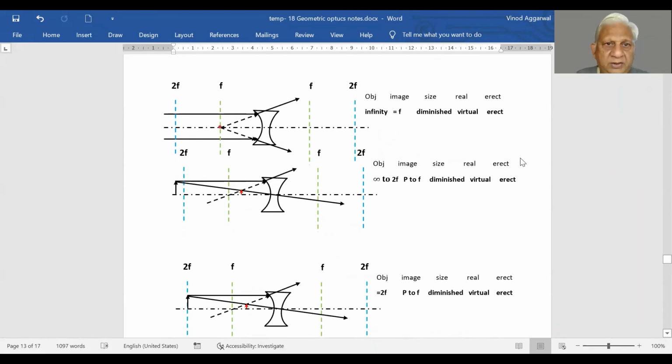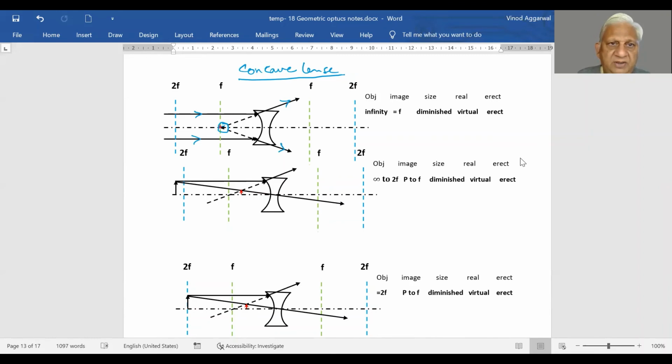Now, taking the case of a concave lens, if the rays are coming from infinity, they appear to be coming from this focal point. They are diverging like this.